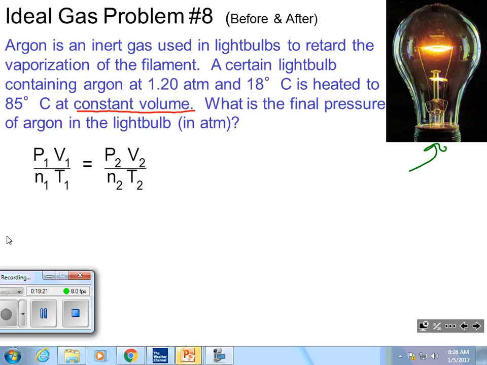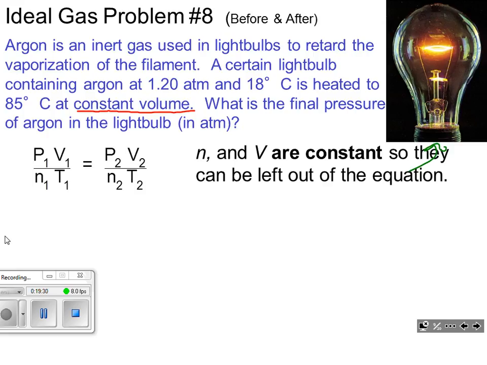No. My clicker's not working. So N and V are constants, so they can be left out of the equation. Why can I leave them out? They're the same on both sides.